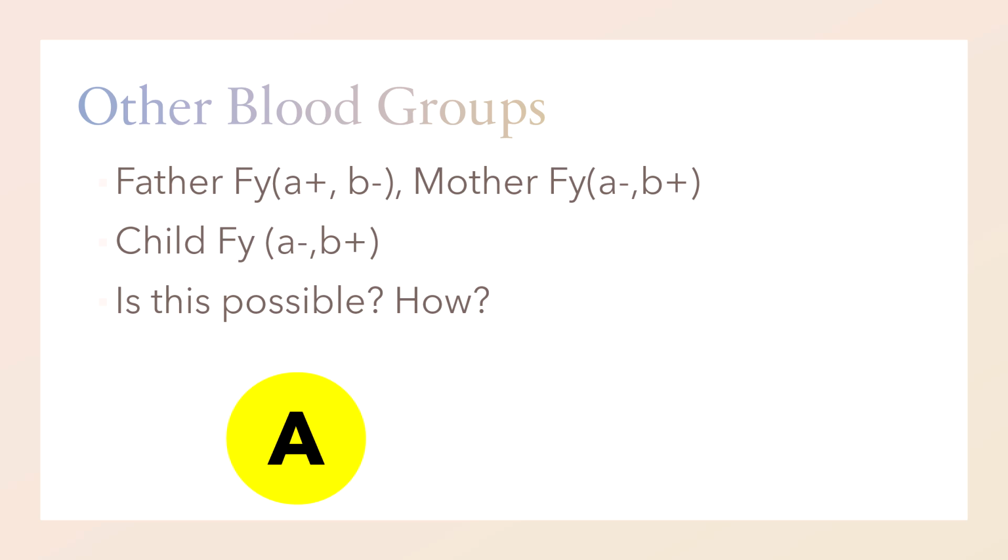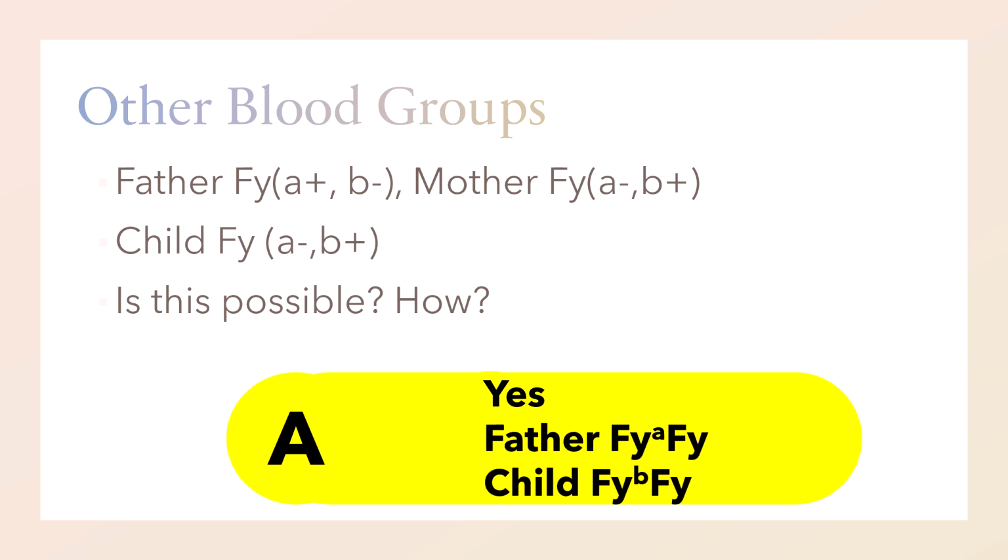He could have 1 copy of Duffy A and then a Duffy, the Fy, and the mother could be homozygous for Duffy B, or she could be also Fy and Fyb. So is it possible? Yes. So the father could be Duffy A and Fy, and the child could be Duffy B and Fy.